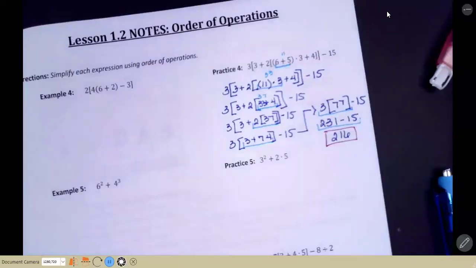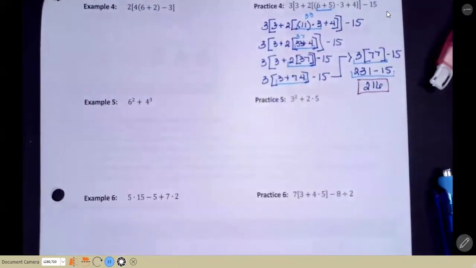Example or practice 5, which one do you want to do? You choose example or practice. We'll do example. 6 squared plus 4 cubed.